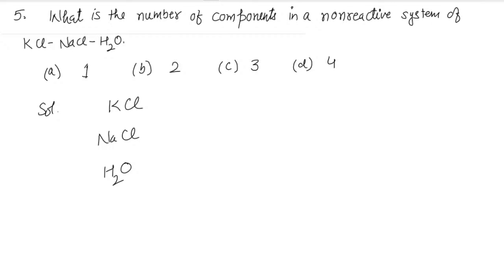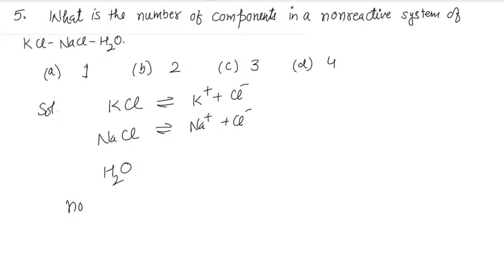System is ionic, keep in mind. In KCl we have K plus and Cl negative, in NaCl we have Na plus and Cl negative, and water.